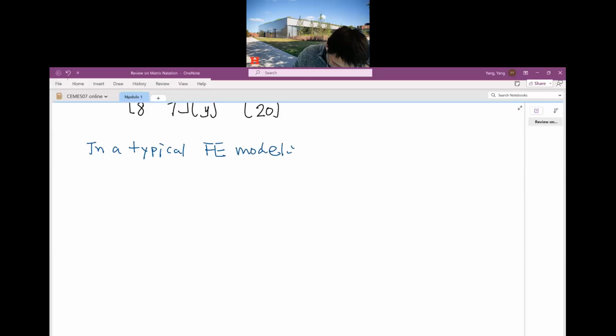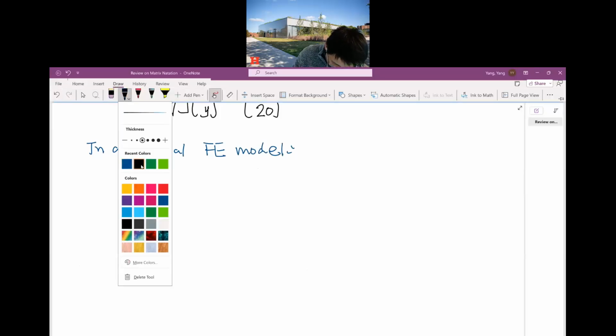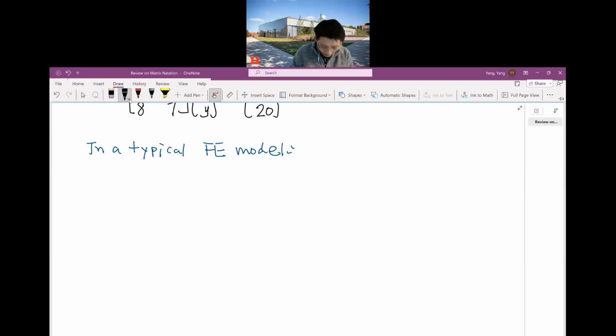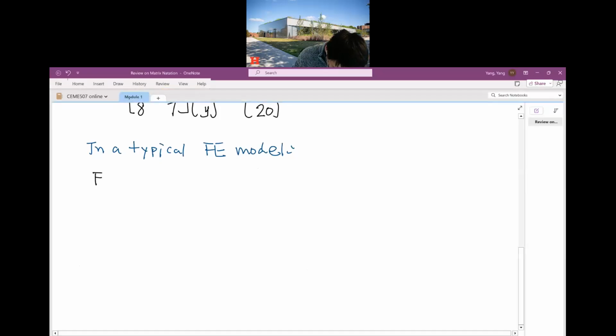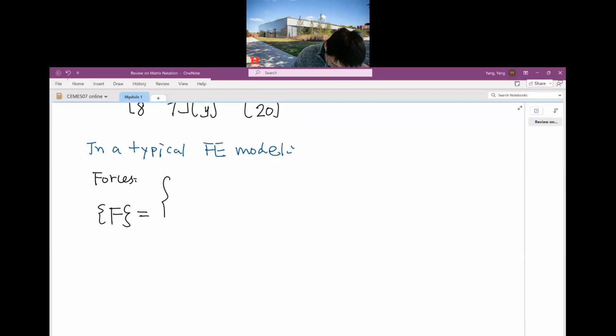In a finite element model, we deal with the forces. So that means that we can have the force matrix, depending on the number of forces.